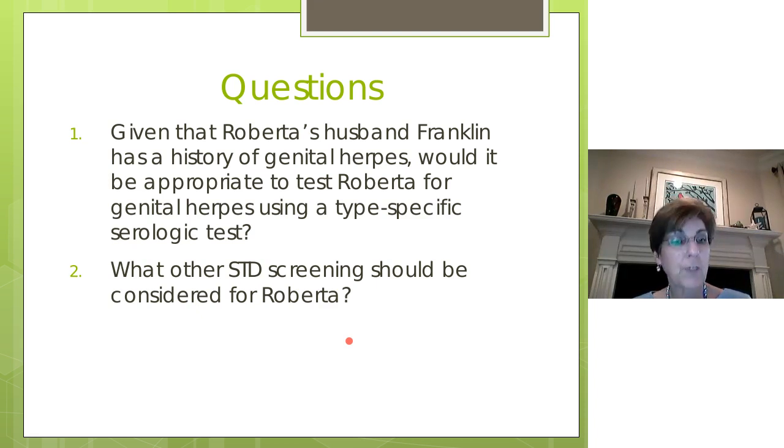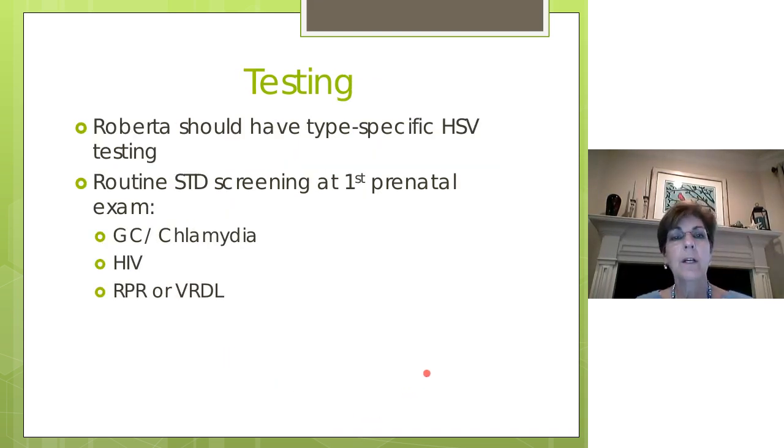You don't always check for herpes, but she has a history of exposure to herpes, so you do check on her. But everybody gets those others. Okay, so Roberta should have type-specific HSV screening, and the other routine STD screening for first prenatal visit is GC and chlamydia, HIV, and syphilis testing with either RPR or VDRL.